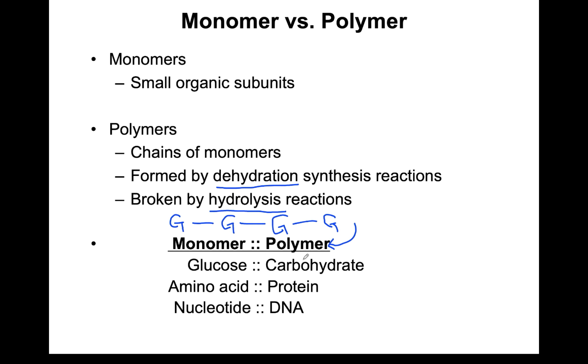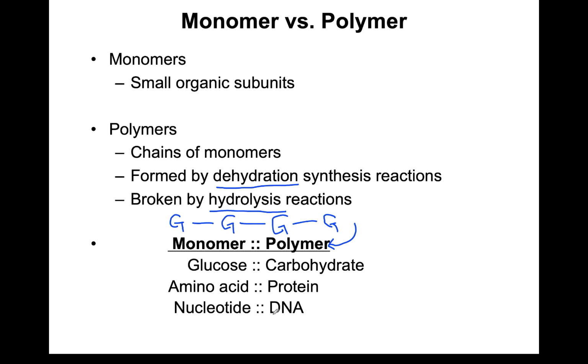Not only carbohydrate, protein also has monomer and polymer. In other words, protein is a polymer. But this protein is made up of many amino acids, and each amino acid is a monomer.